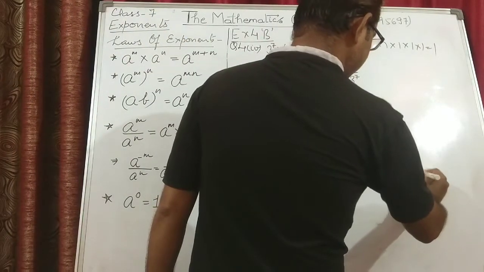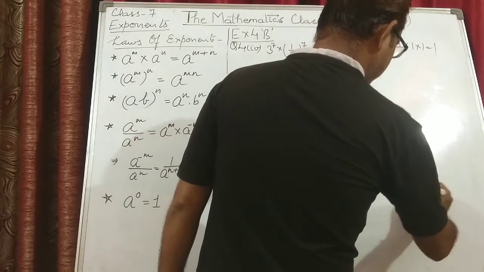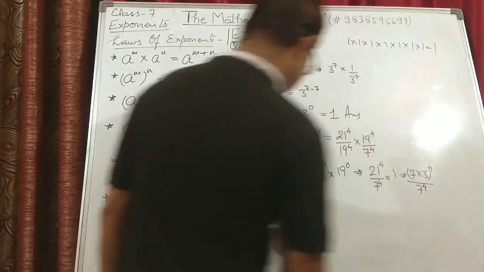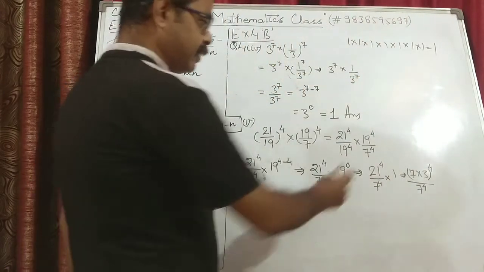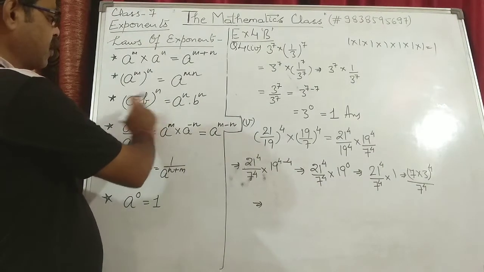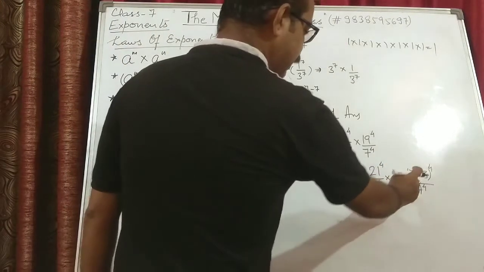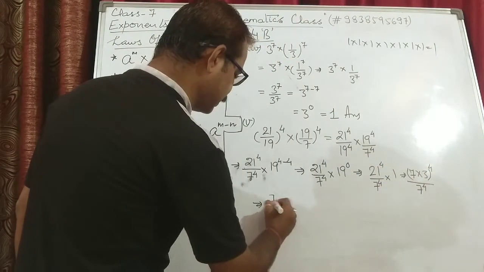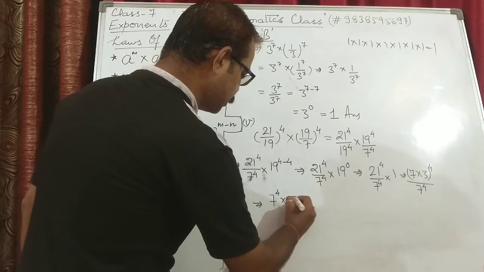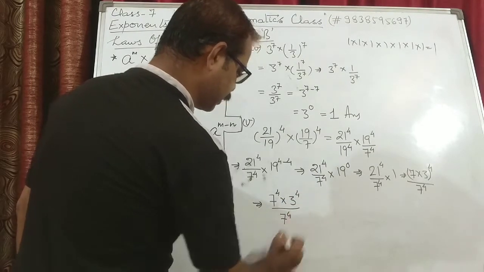So 7 into 3 to the power 4 upon 7 to the power 4. Using the third law, ab to the power n is a to the power n into b to the power n, this can be written as 7 to the power 4 into 3 to the power 4 upon 7 to the power 4.